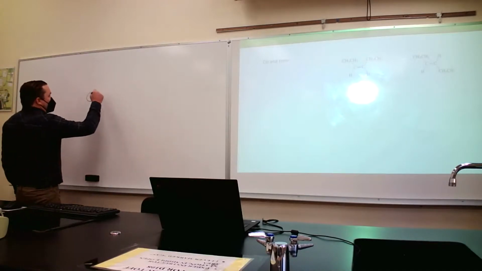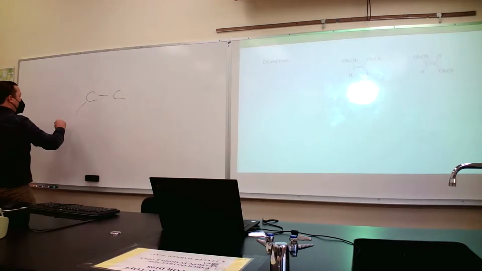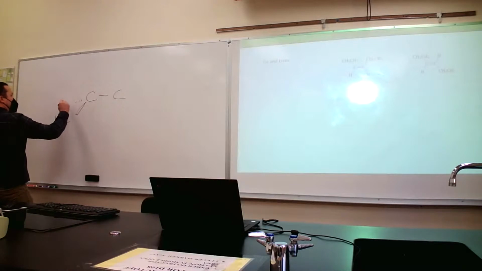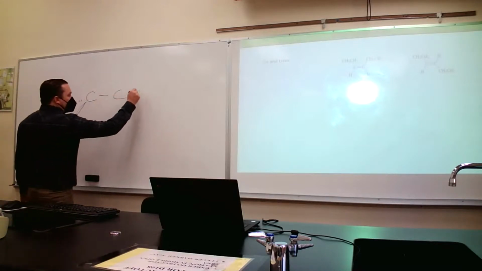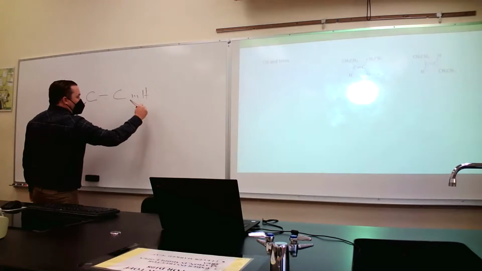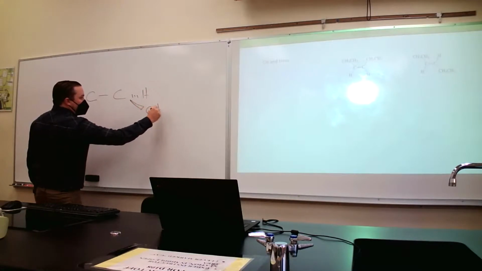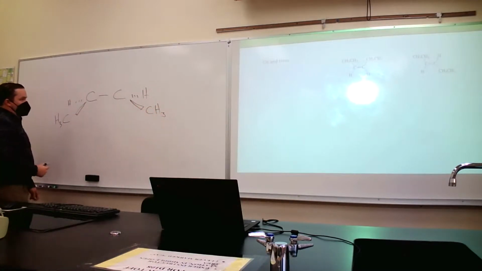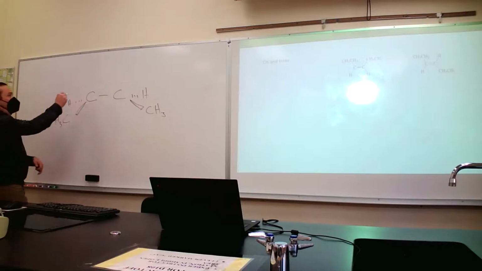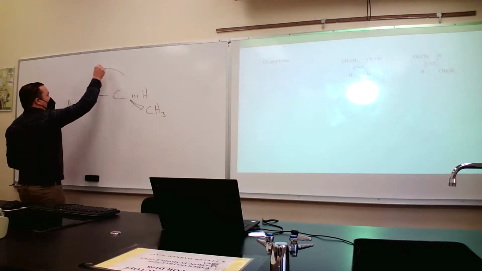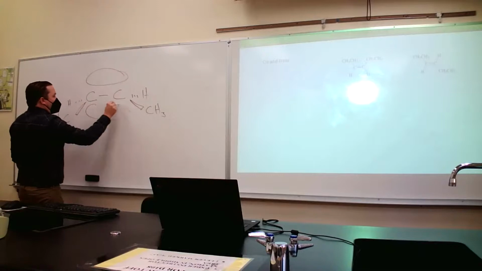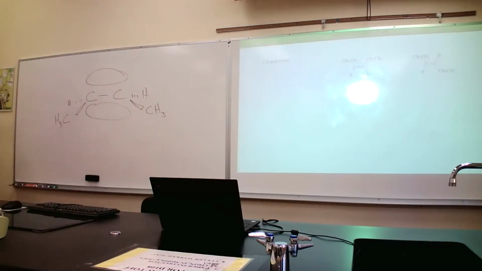So if we had 2-butene, these are both going to be trigonal planar, and the pi bond is going to be above and below, right? The sigma bond is right in between the two. It's rotationally symmetric, so it can twist around however it wants.